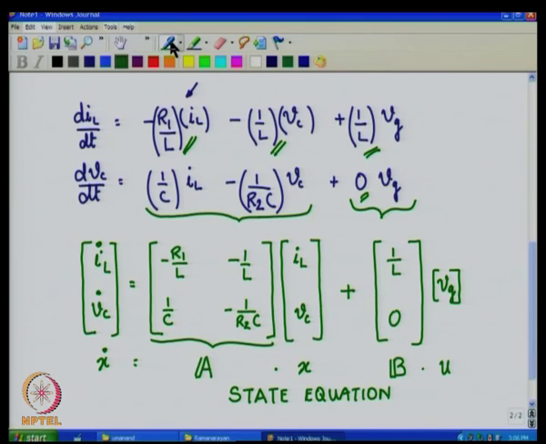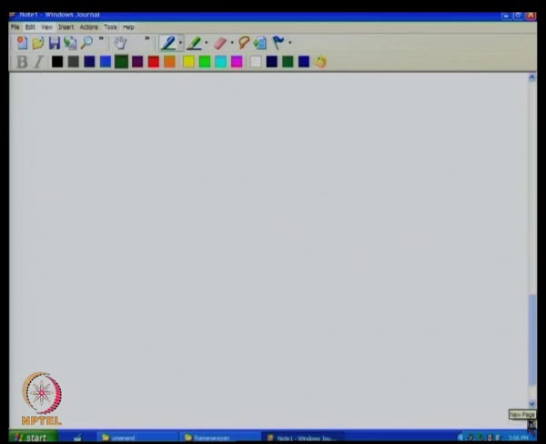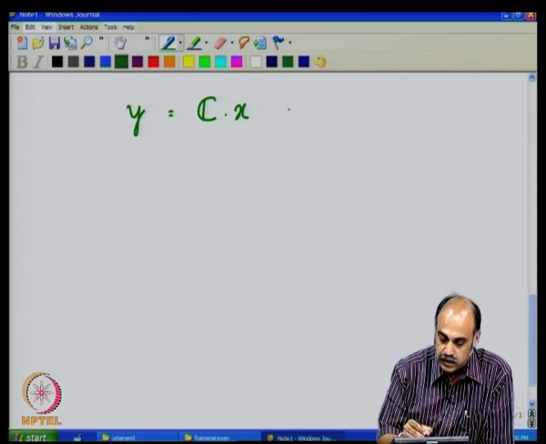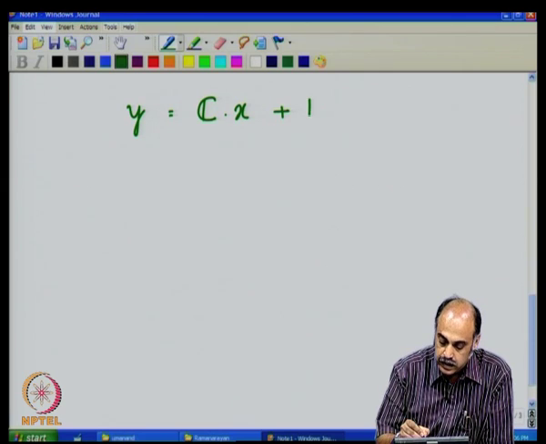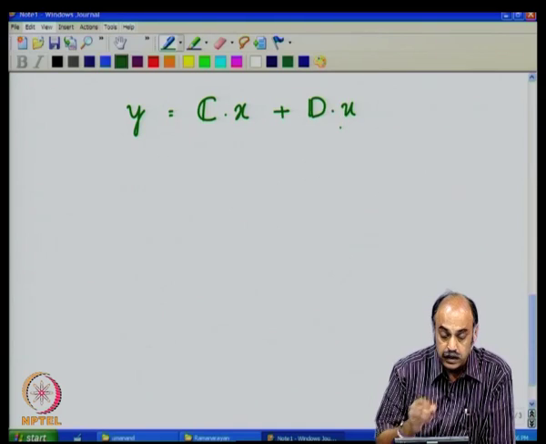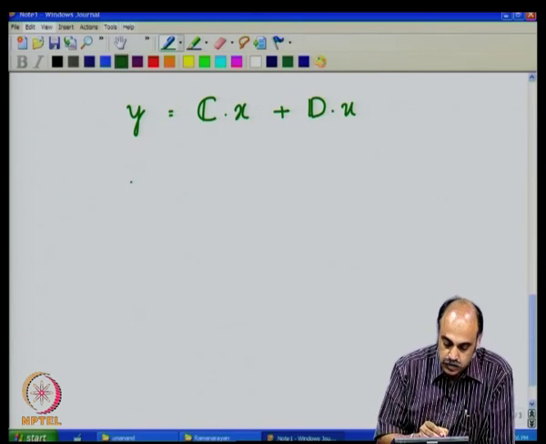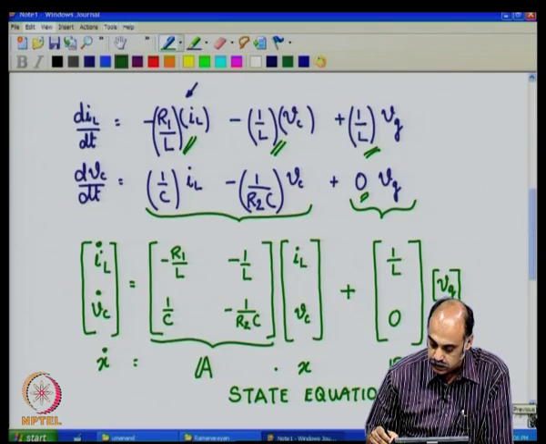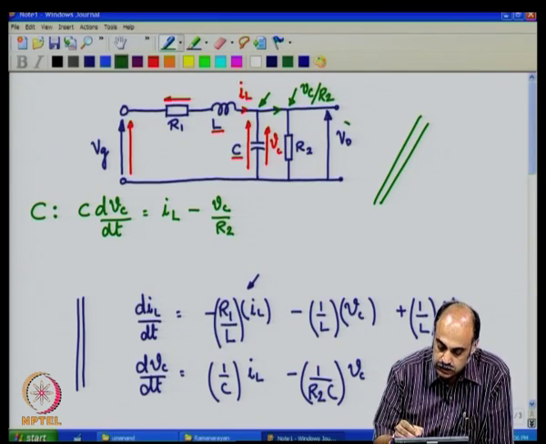The next aspect is to obtain the output matrix. Now, the output equation is of the form Y is equal to C, a scaling matrix, into the state vector X, plus D, another scaling matrix, into U, which is the input vector. So, what is supposed to be the output? The output for this specific circuit is V naught.